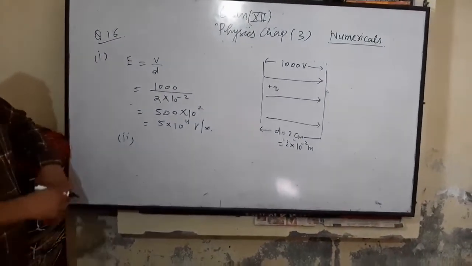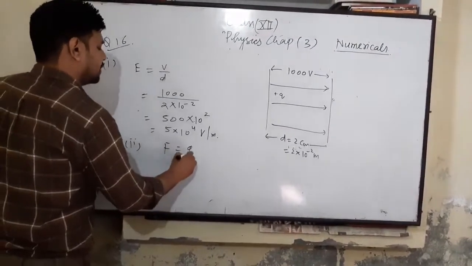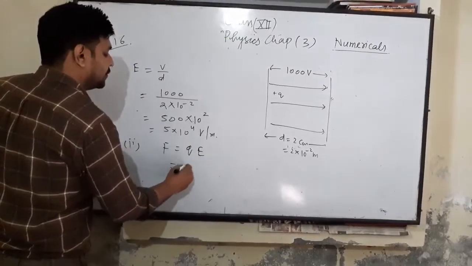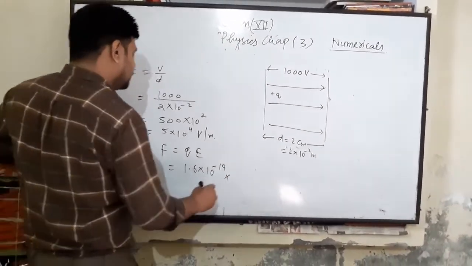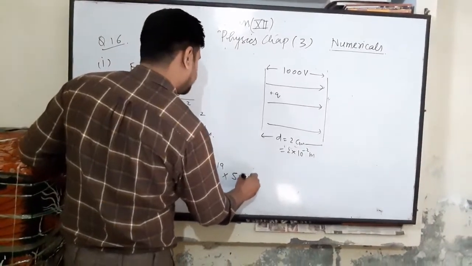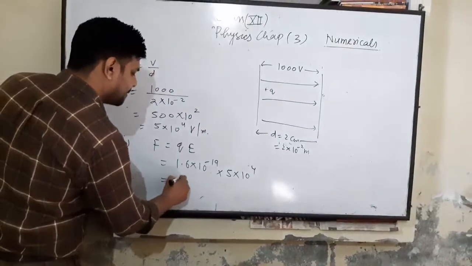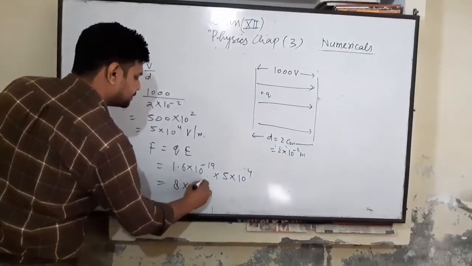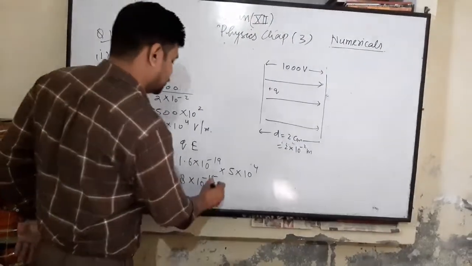The force on a charged particle inside an electric field is given by F is equal to QE. So Q is the charge on the proton, and E is this, giving the force in newton.